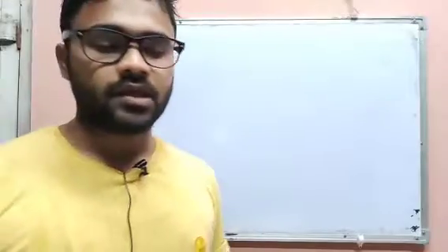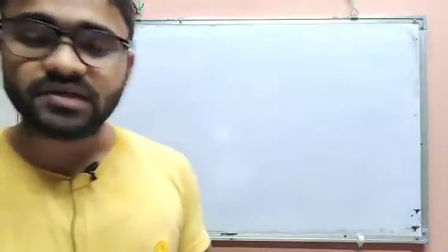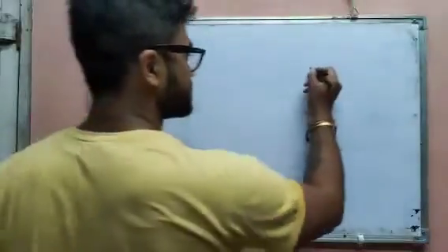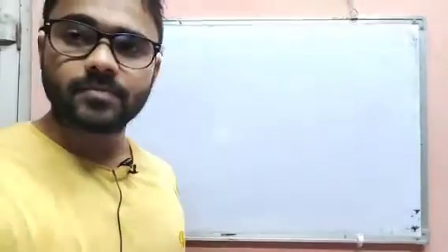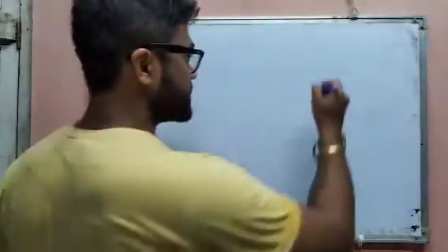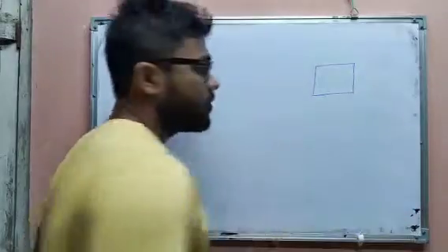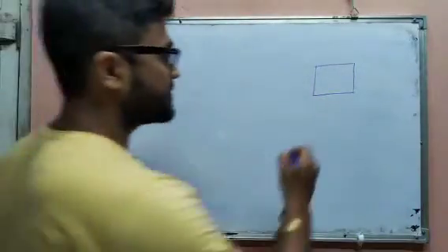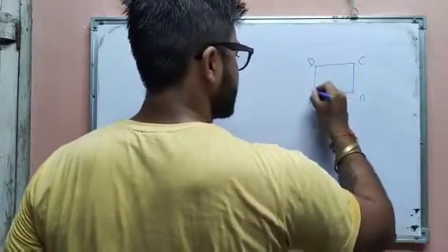Related to that, one question is given. Three angles of a quadrilateral measure 55 degrees, 125 degrees and 70 degrees. Consider a quadrilateral ABCD.